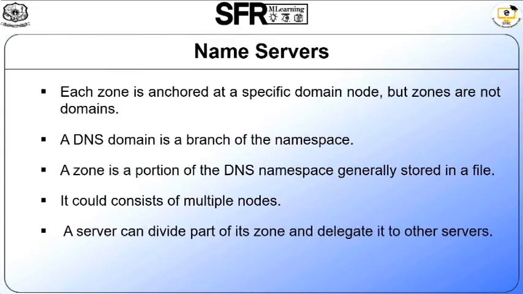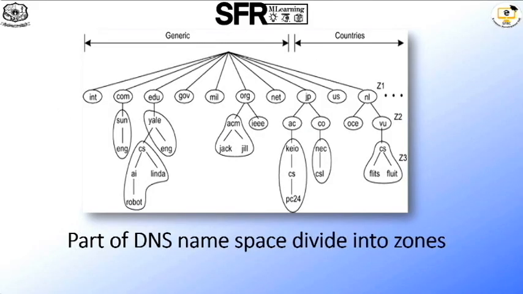A server can divide parts of its zone and delegate them to other servers. Next, this diagram represents the part of the DNS namespace divided into zones. The zones are represented through the circled form.